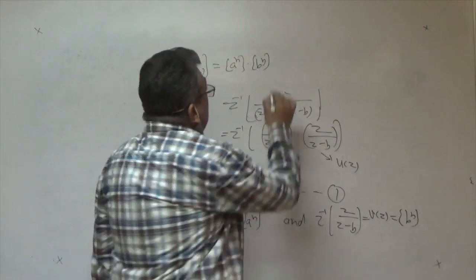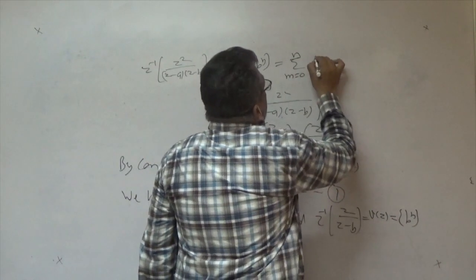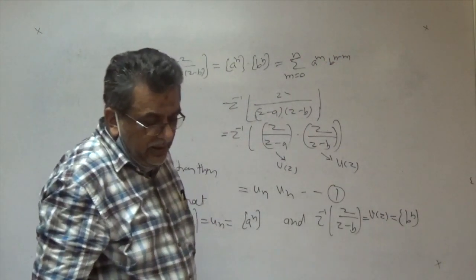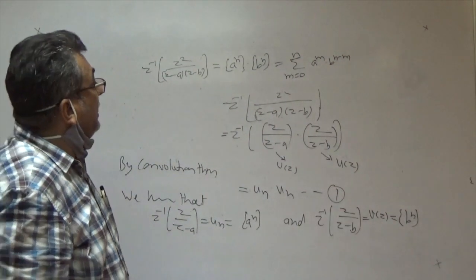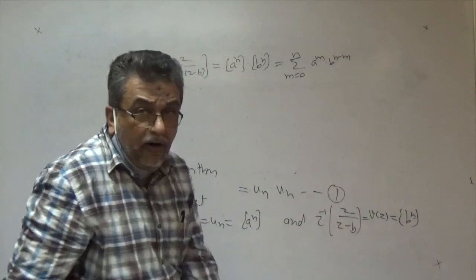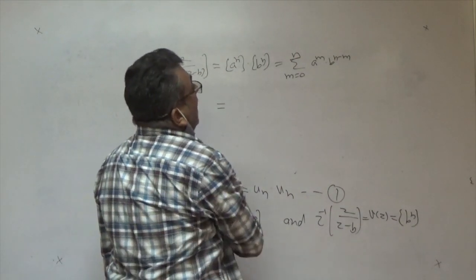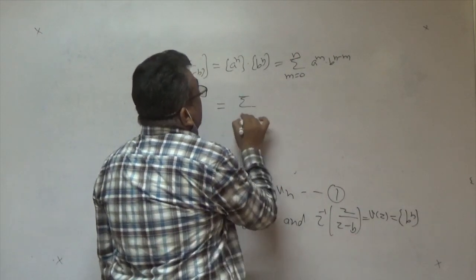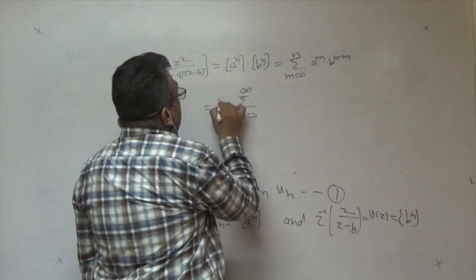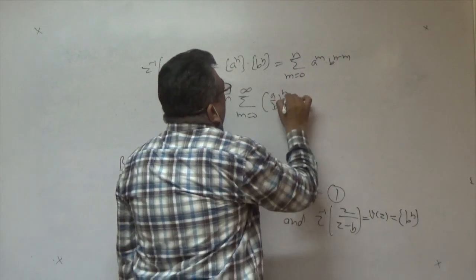By formula, you can write it as the sum from m equal to 0 to n of A to power m, B to power n minus m. If you further calculate this, you can also find the sum of this series. You can take B to power n outside and it becomes A upon B to power m.